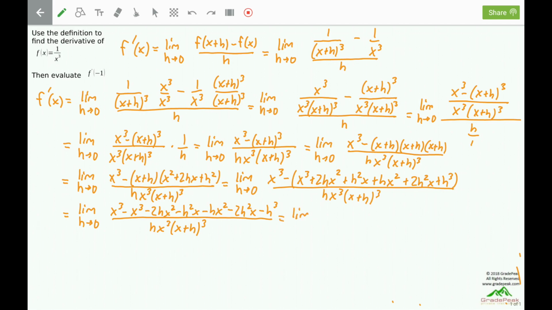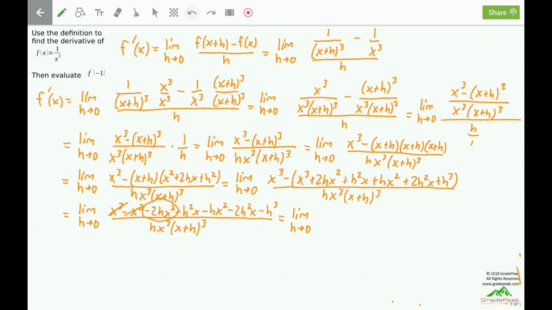In the numerator, we can now combine like terms. Any terms that don't have an h should cancel. I have an x cubed, and there's a negative x cubed, and those will cancel each other out. I have two hx squared terms, one here and one here.